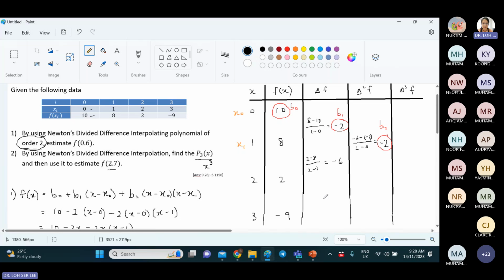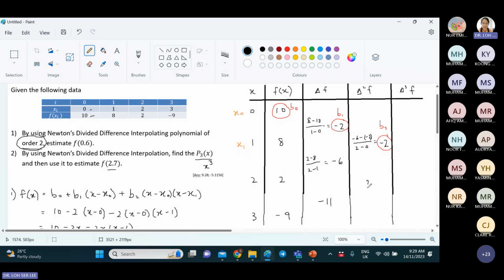So what is this value? -11. Yes, -11. We use this one, -2 divided by 1.